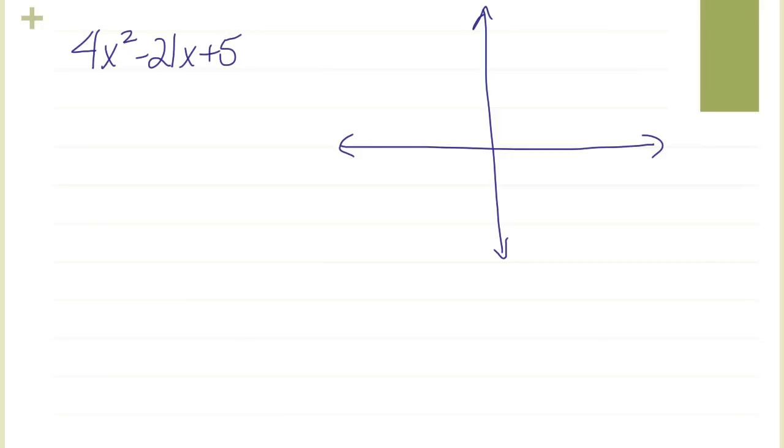This is just to sit back and watch, so you can tie it together later. A is 4, so we know it's going to open up and be skinny. The 5, the C, is going to be your y-intercept still. So 1, 2, 3, 4, 5. I'm just going to go 1, 2, 3, 4, 5 because I know what this graph is going to look like, more or less.